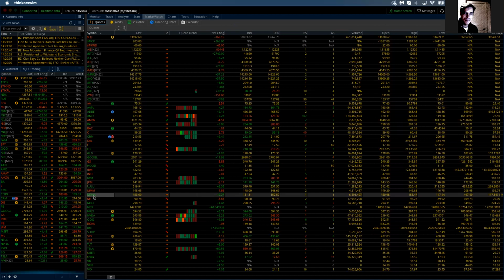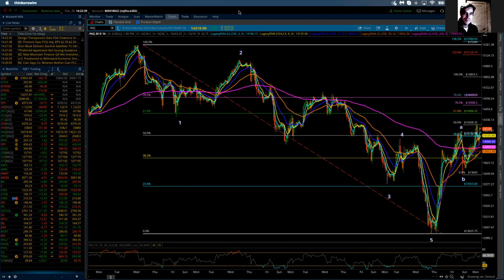But we did see money flow into the NASDAQ. But oftentimes that can be a little bit misleading, because it's not all of the participants.